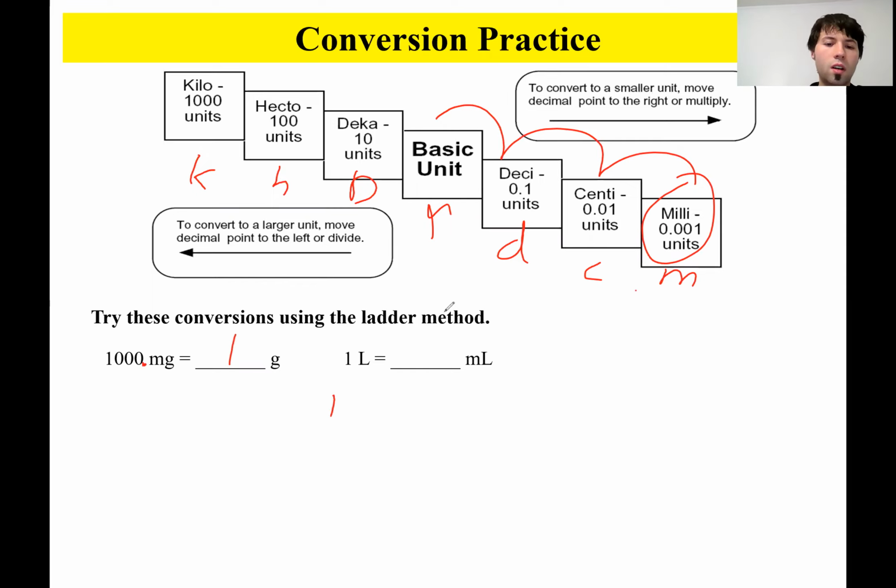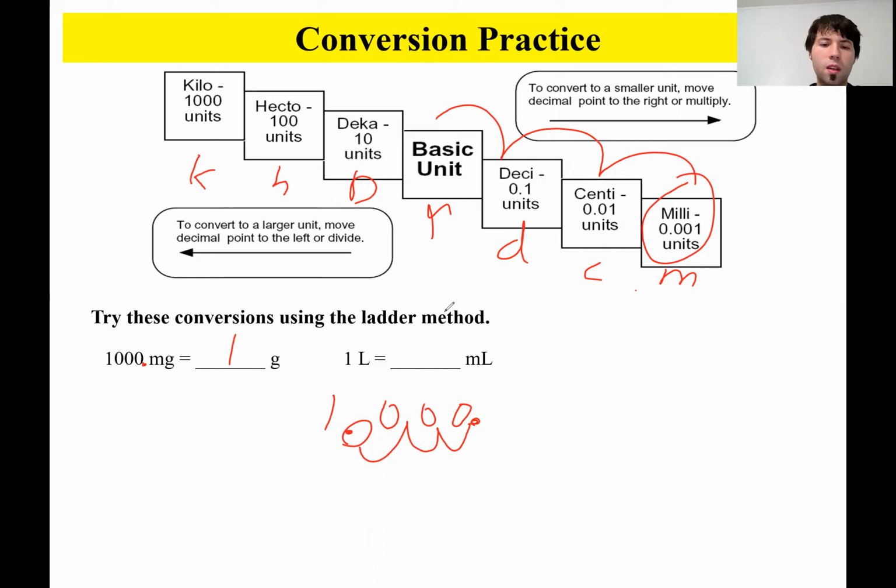So again, we start with just 1. Our decimal place starts here. So I'm going to move 3 places. 1, 2, 3. And it looks like I'm moving my decimal point into the middle of nowhere. Whenever that happens, I just have to fill in my empty spaces with zeros. So how many milliliters in a liter?